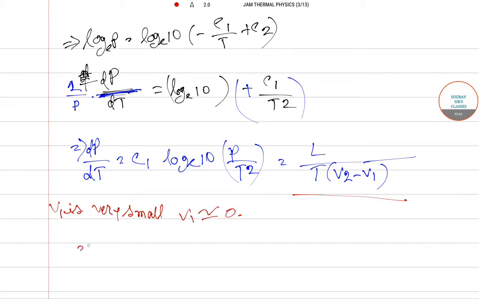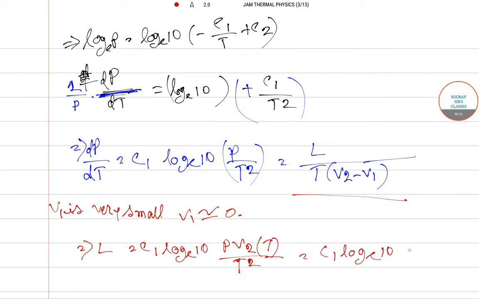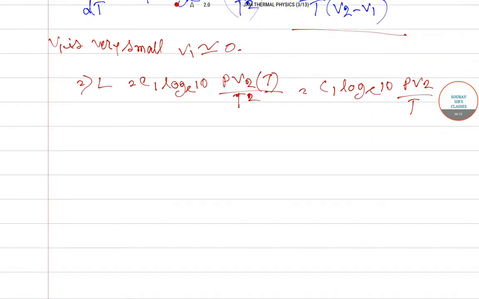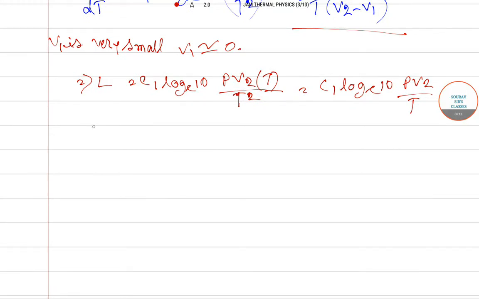So now L can be written as L equals C1 log e to the base 10 into P V2 divided by T square, into T. So this is C1 log e to the base 10 into P V2 divided by T. We all know the formula PV is equal to nRT.